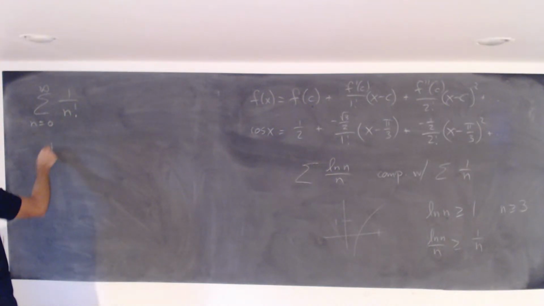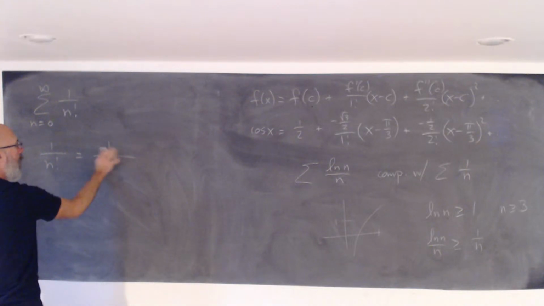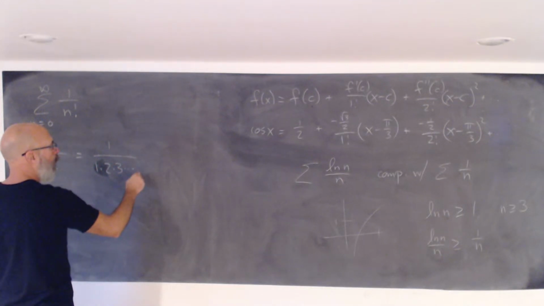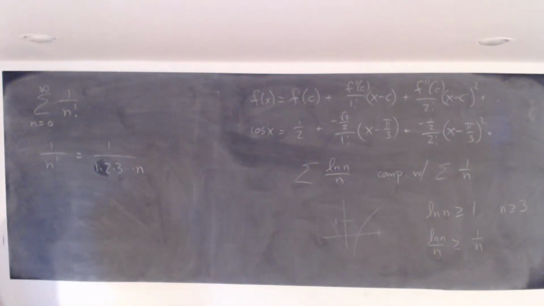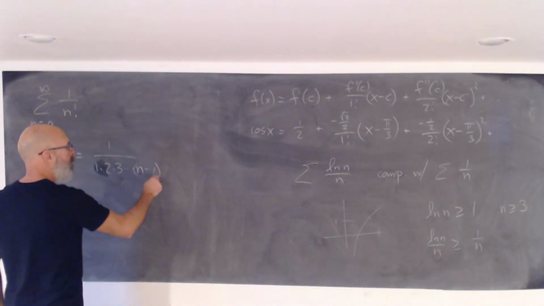1 over n factorial is 1 over 1 times 2 times 3, all the way to n. And the number that comes before n is, of course, n minus 1.